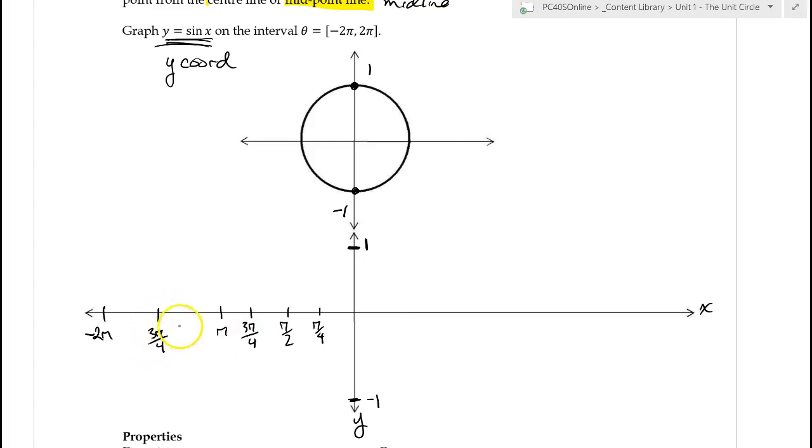Okay, and you can subdivide it as much as you want or as little as you want, especially once you become more and more familiar with these graphs. You'll have to use fewer points. So 5 pi over 4, 7 pi over 4, and again, all of these are negatives.